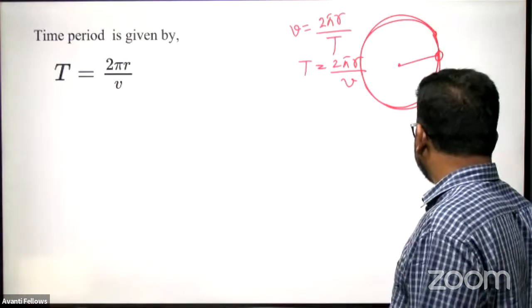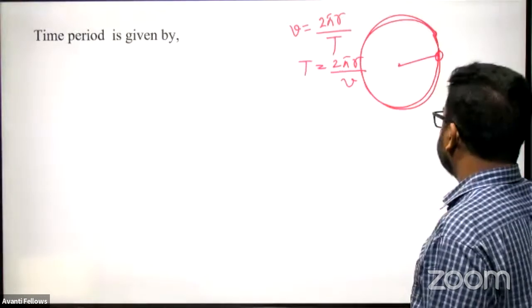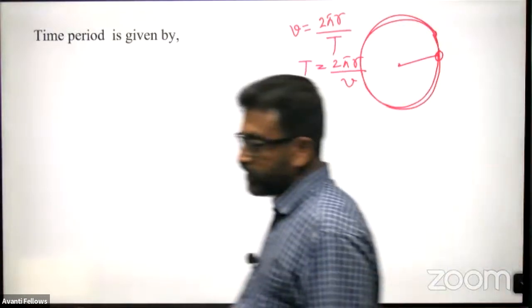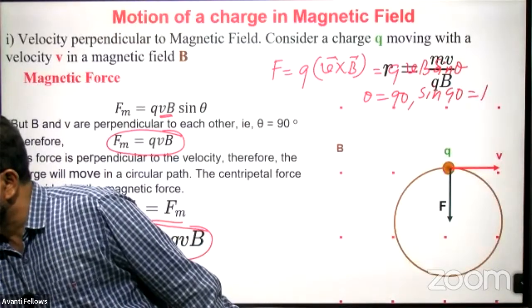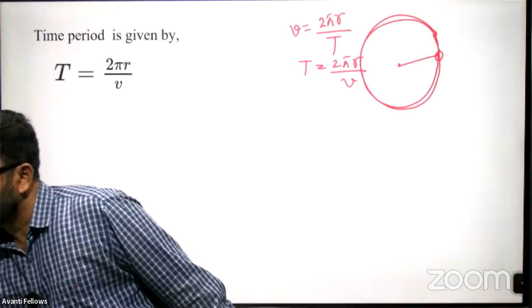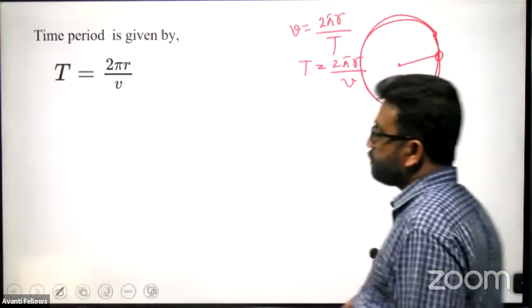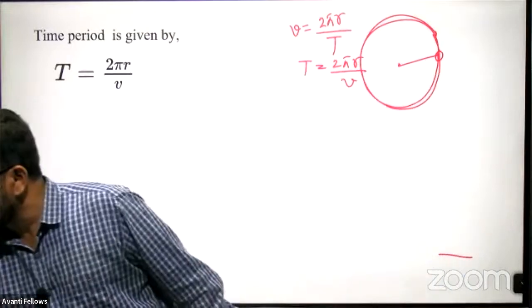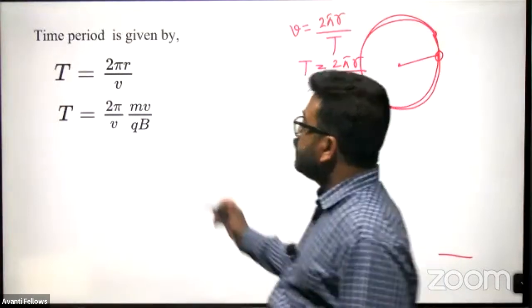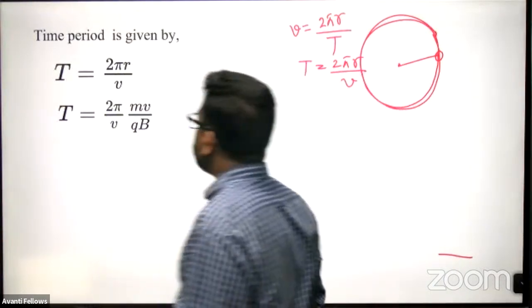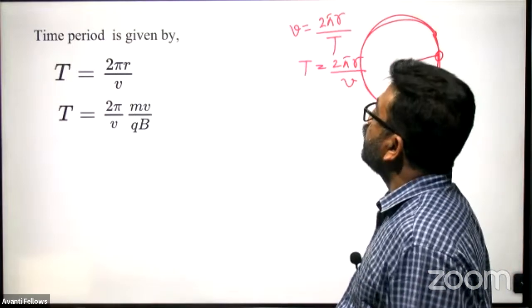And for r, we have developed an equation. So 2 pi r divided by v, and instead of r, we can write mv by qB.